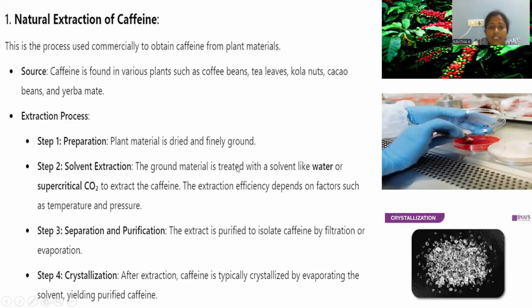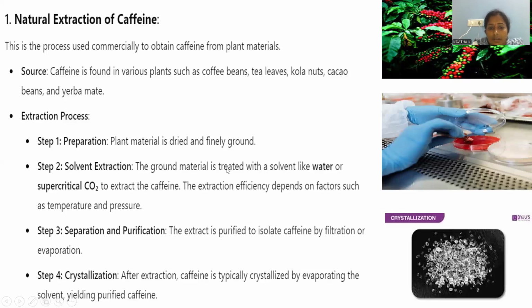The ground material is treated with solvents like water or supercritical carbon dioxide. The purpose of the solvent is that if the caffeine is dissolved in this solvent, it will be separated. Whatever water-insoluble substances are there get discarded. We can treat them as side products or unrequired material.